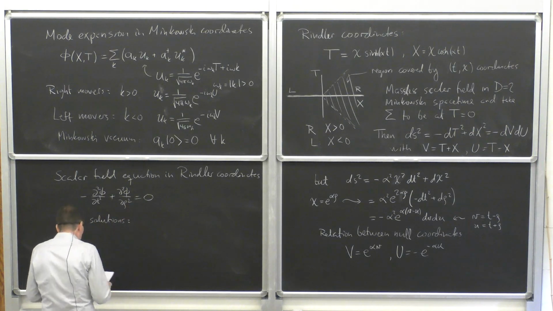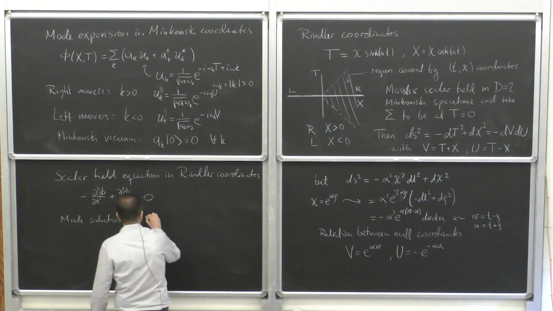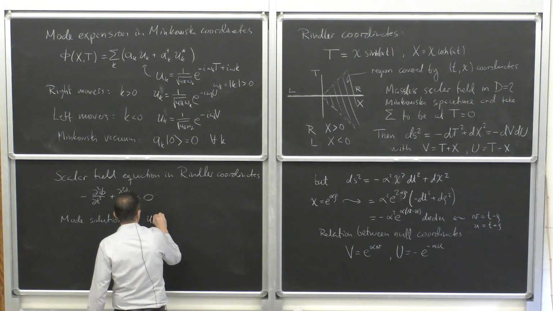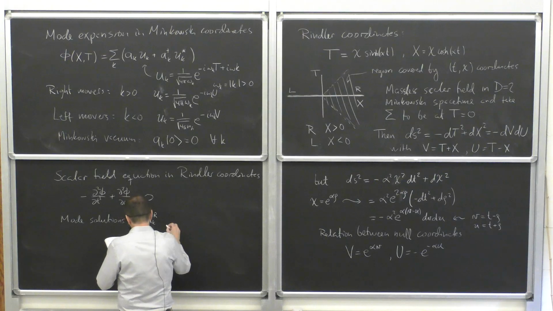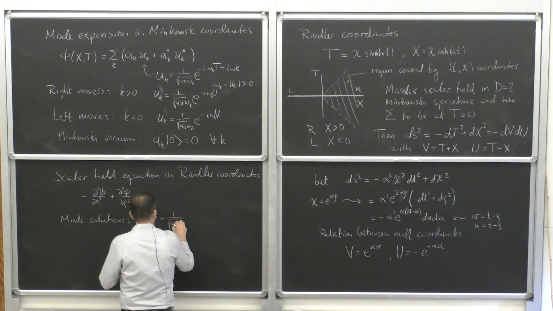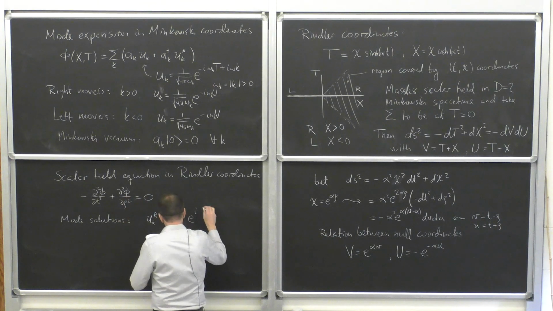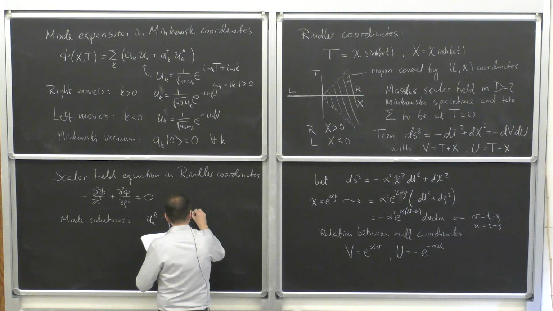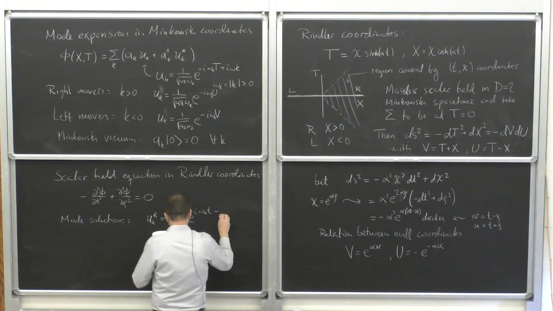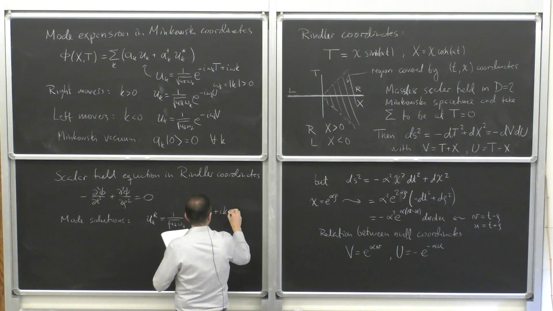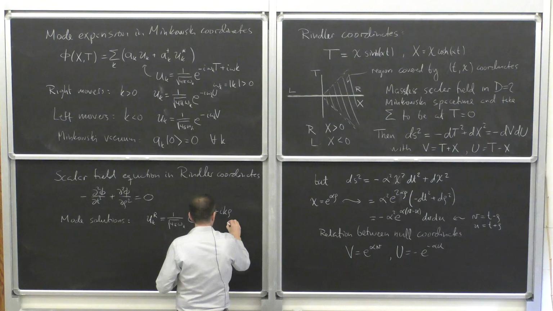Now I can also write down mode solutions. If I'm in the right wedge, I'll call these u_k^R. They are going to be e to the minus i omega t plus i k rho, I'm just repeating what I did before, and omega_k is as before.